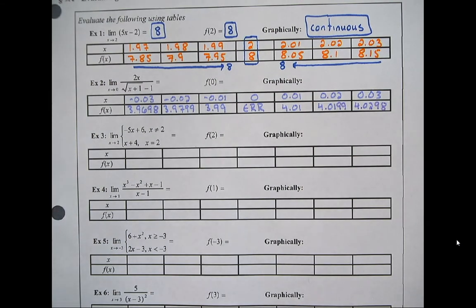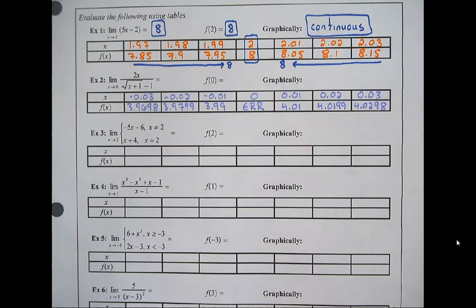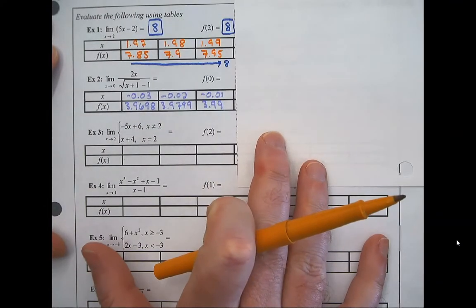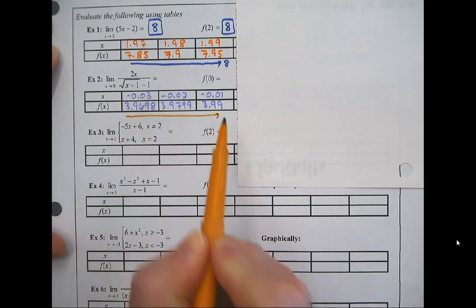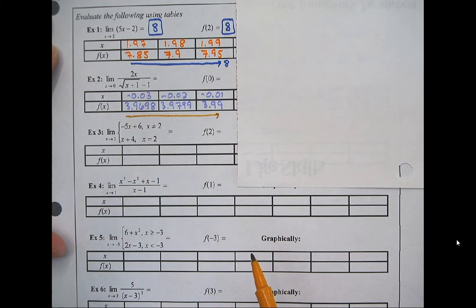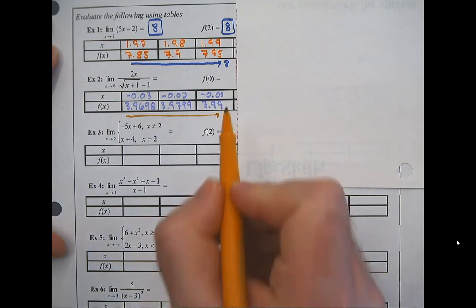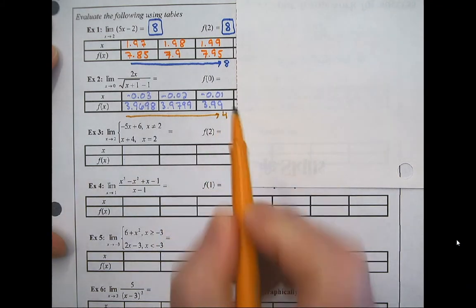Okay, now that we have this data in the table, we can start to figure out what the limit is. So I'm going to cover up one side, coming from the left. What number would you predict would come next? 3.96, 3.97, 3.99. I would clearly predict 4.